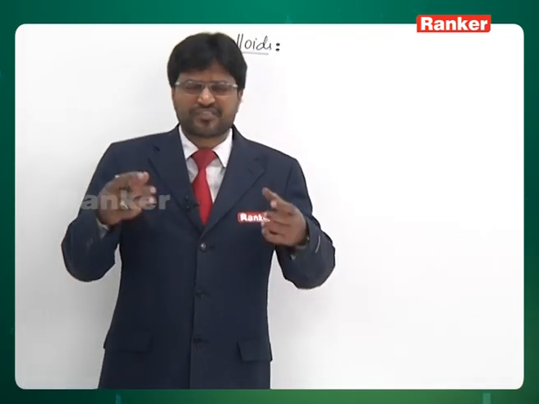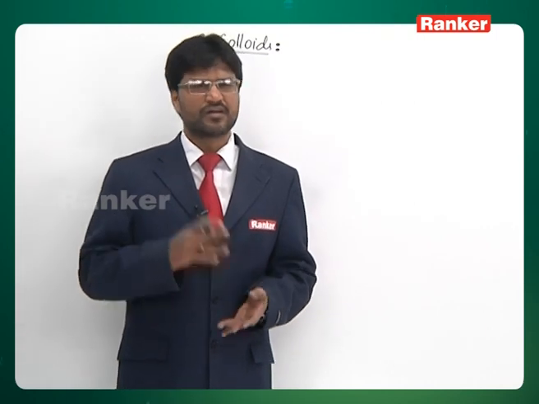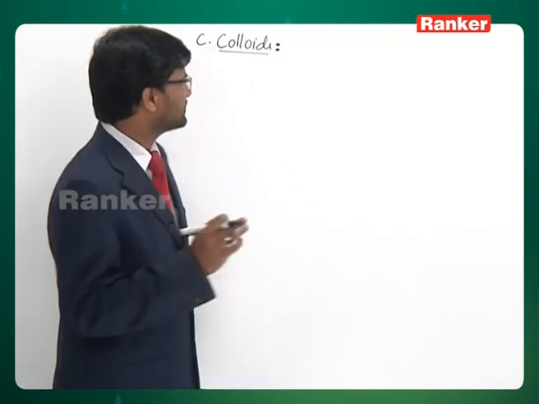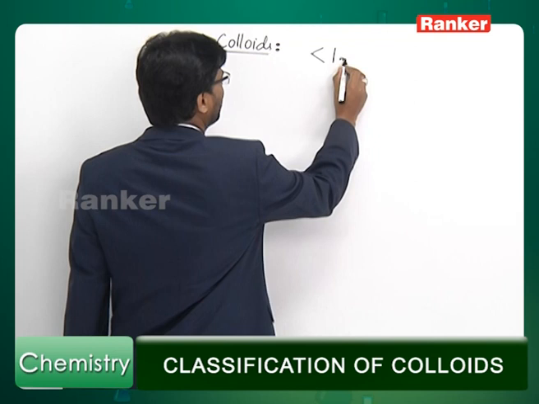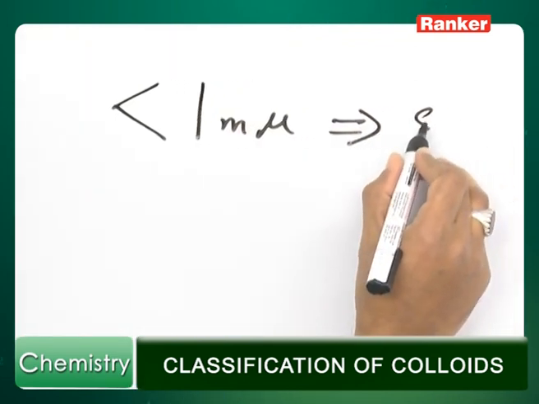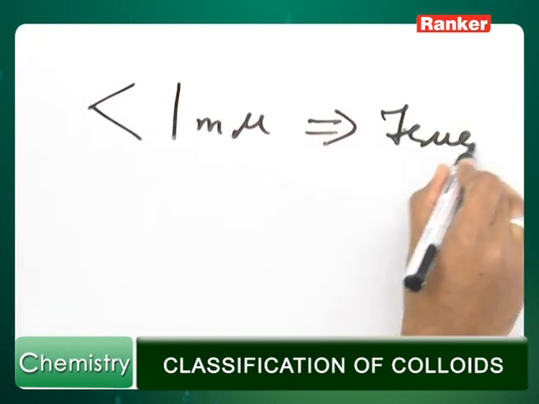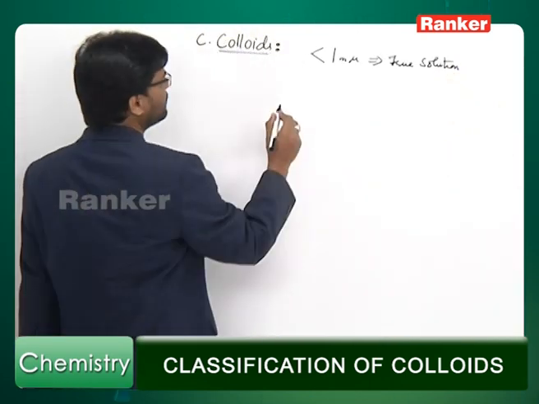If you mix two substances, the mixture of these two substances may be a true solution, a colloidal solution or a suspension. This classification is based on particle size. If the particle size is less than 1 millimicron, then the substance is described as a true solution.